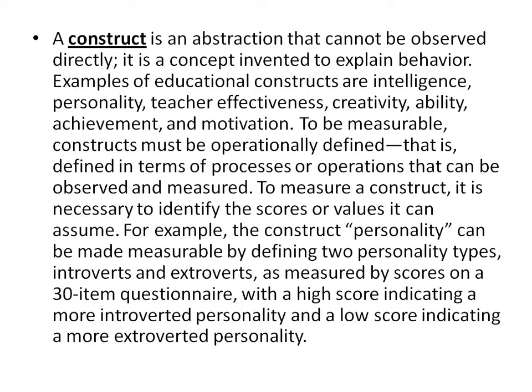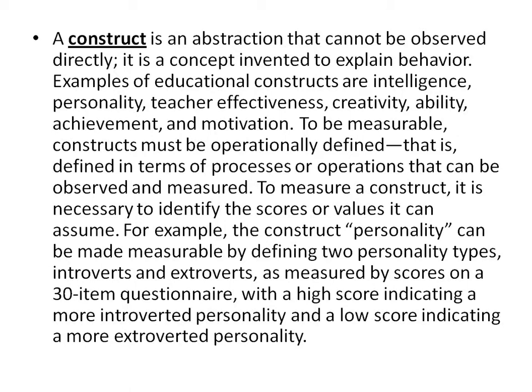To be measurable, constructs must be operationally defined, that is, defined in terms of processes or operations that can be observed and measured. To measure a construct, it is necessary to identify the scores or values it can assume.